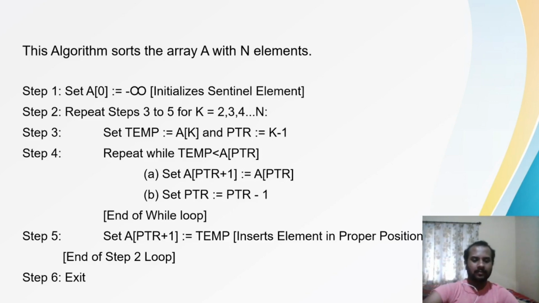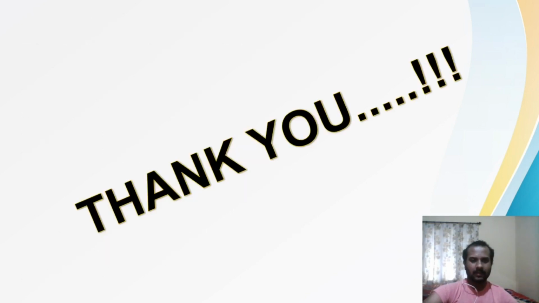After that, if this while condition fails, that means there is some element where temp is greater or temp is equal. So that time I am going to directly insert that element to the proper position. Okay. Then end of the algorithm, that is exit. Thank you.